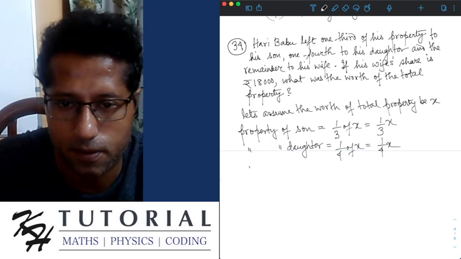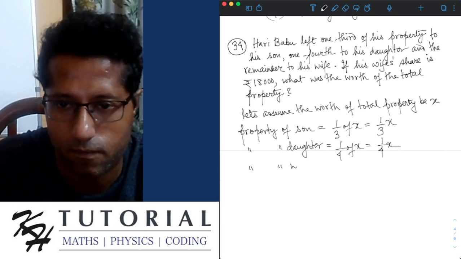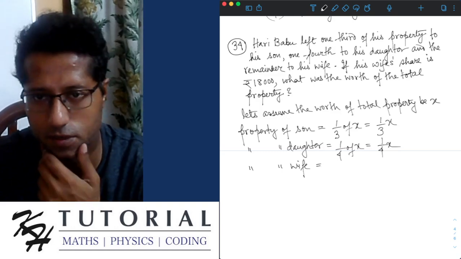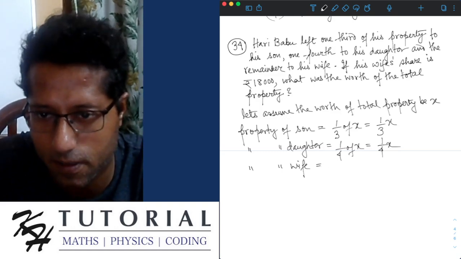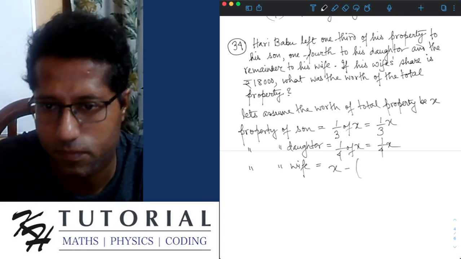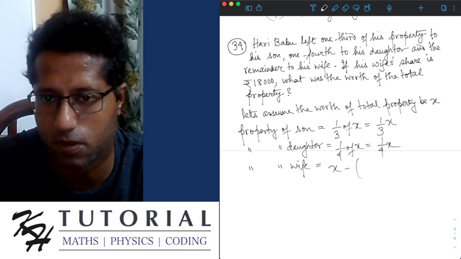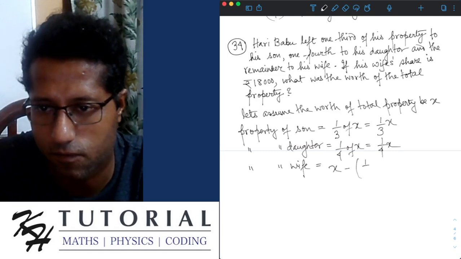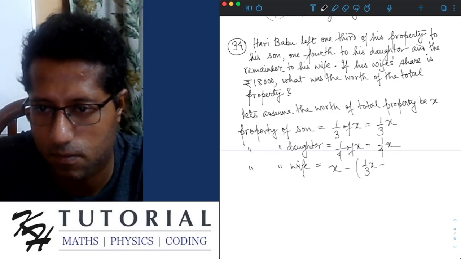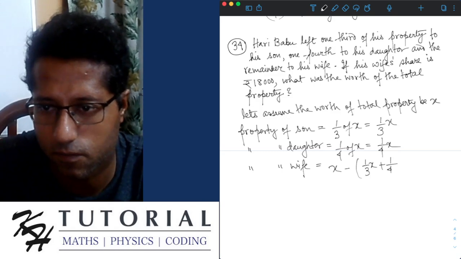So property of wife equals the remainder, whatever is remaining: x minus the sum of the property of son and the daughter, that is 1/3 x plus 1/4 x.